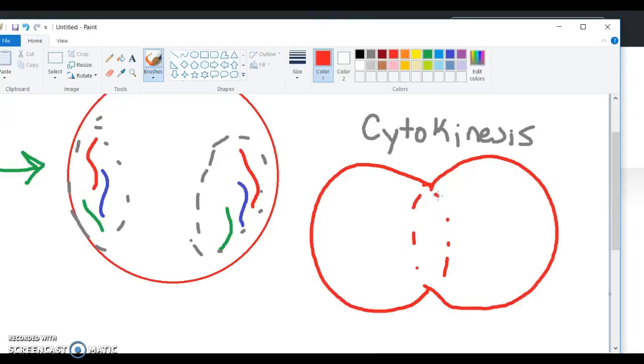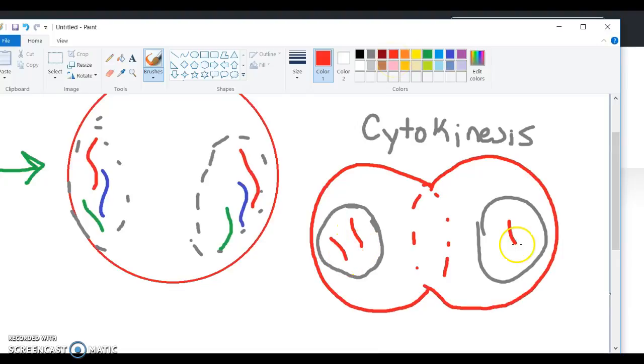With our 2 fully formed nuclear membranes, and they have the chromosomes in it. And the one thing that's pinching it off in the middle is called a cleavage furrow.